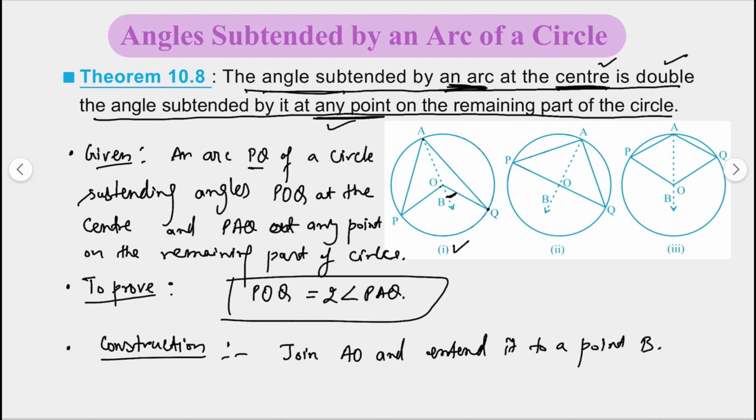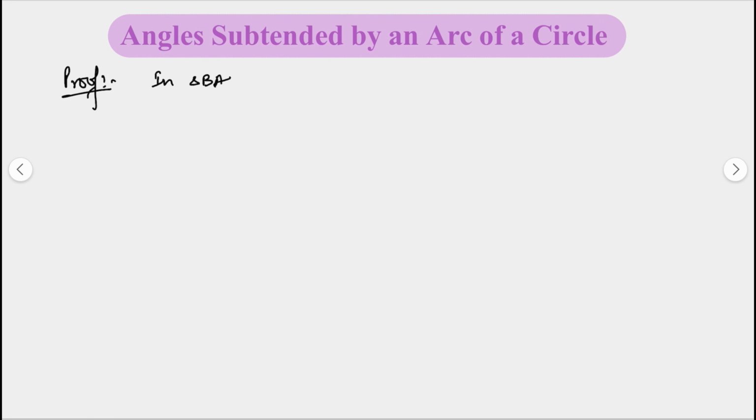For this exterior angle, angle BOQ, its opposite interior angles will be OAQ and AQO. So in triangle BAQ, angle BOQ is equal to the sum of angle OAQ plus angle AQO.